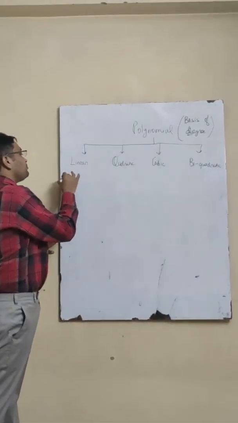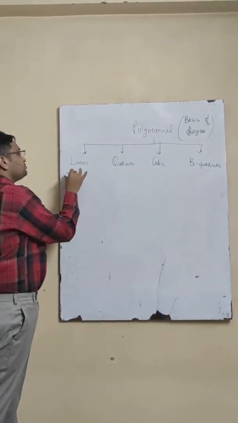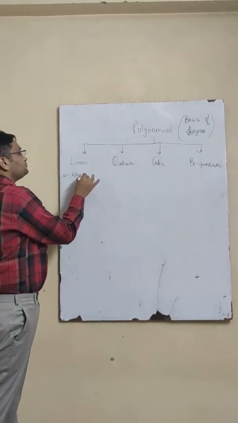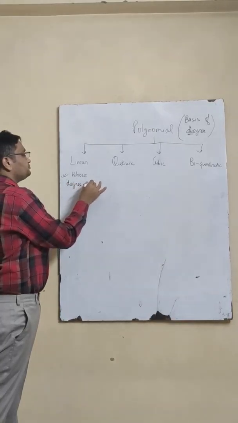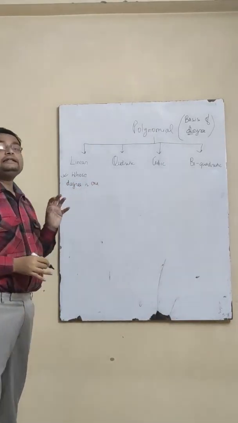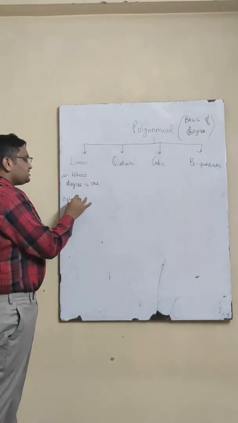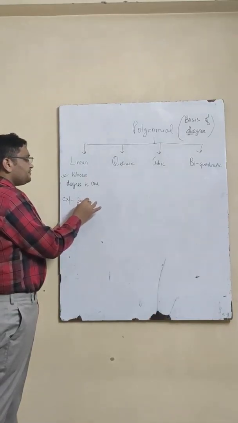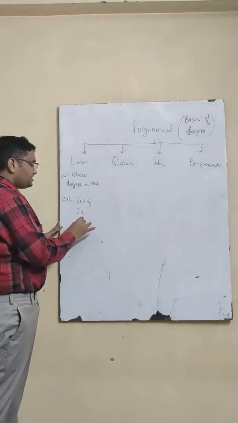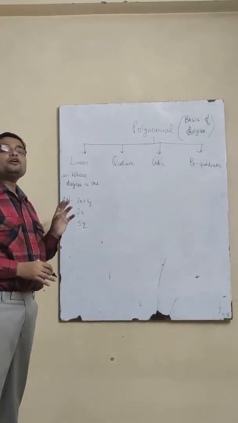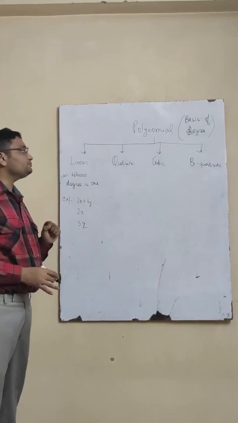So such polynomial whose degree is 1 is called linear polynomial, such as 2x plus 3y or 2x or 5z. All these are linear polynomials. Why? Because the power of the variable in these polynomials is 1.